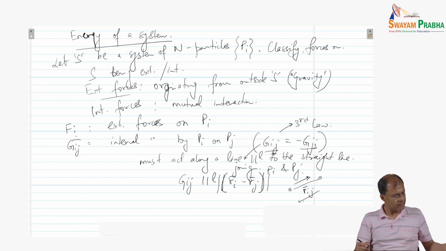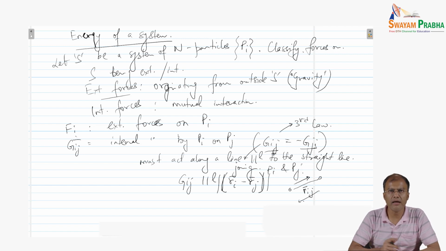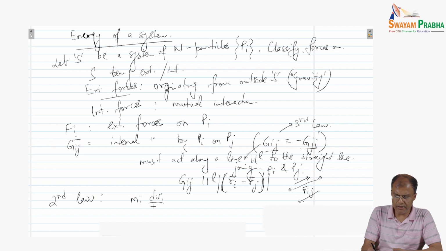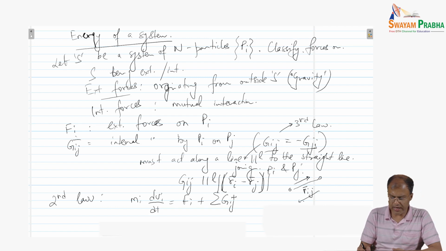Then we can write Newton's second law for a system of particles. The second law is mi times dvi/dt equals Fi plus the summation of Gij.